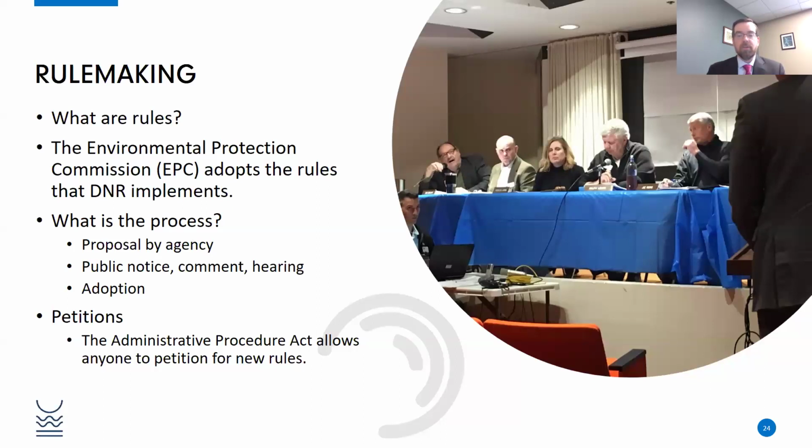They go through a public notice and comment process. The Environmental Protection Commission then adopts the rules, and they have the effect of laws at that point. So normally, it is the state agency that initiates that process and goes through the process. But the State's Administrative Procedure Act also allows anyone to petition for new rules. That's what IEC did. Next slide.